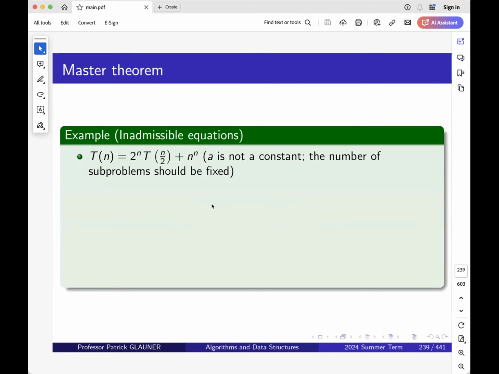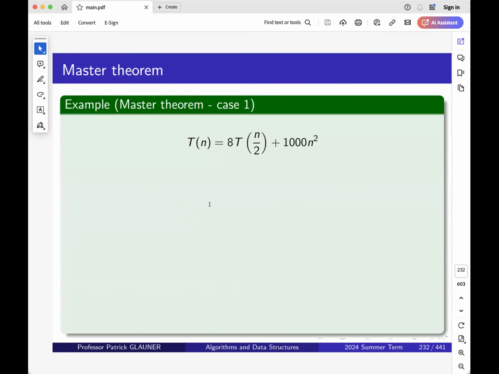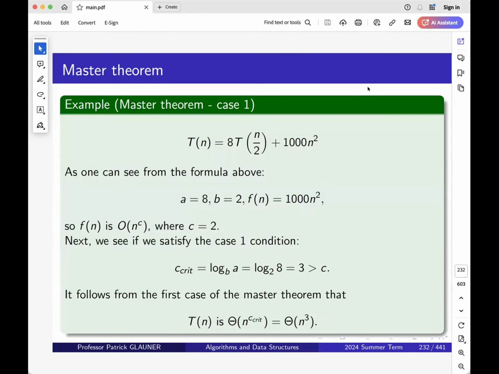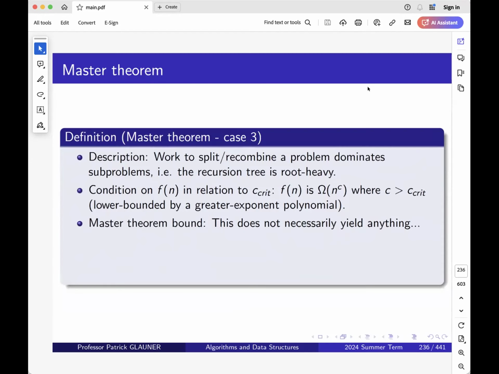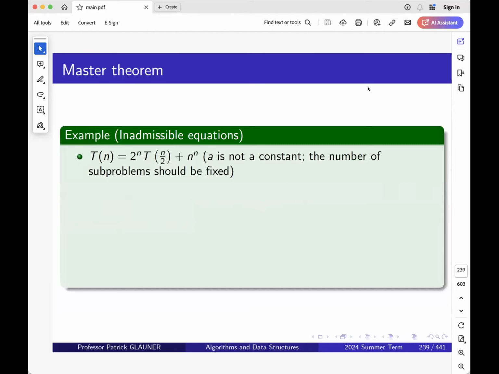Now, there are a couple of other recurrence relations for which the master theorem does not work. So the master theorem, it's very important, only works for recurrence relations of this sort. I have a constant a, I divide by a constant b, plus I have some other term on top. And there are many more recurrence relations for which the master theorem does not work.